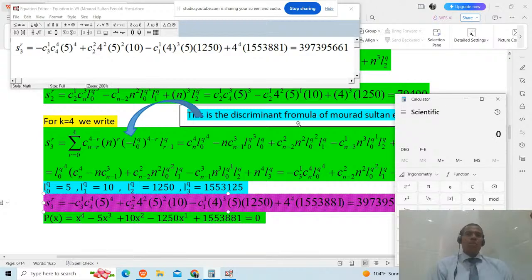So this one equals negative 3 times 625, negative 3 times 5 raised to the power 4, or 625 as you like, plus, learners, 16, because 4 squared is 16, times 25 times 10 means 250, then minus, learners, 64 times 5 times 1250, plus the last term, which is 256, because 4 raised to the power 4 times 1,553,881. This one will give you 378 million.